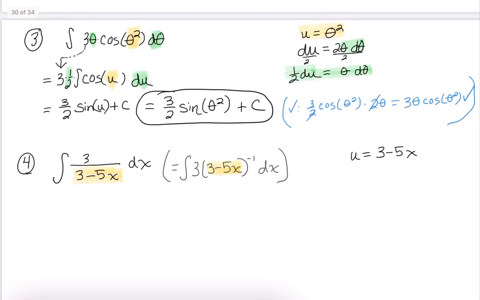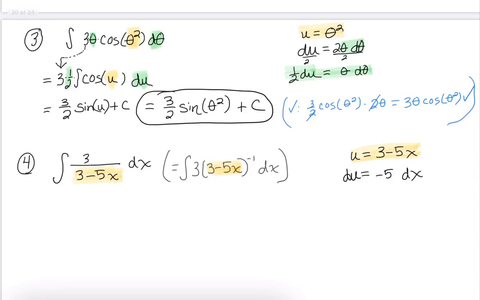All right, well now I am taking my derivative, which is du equals negative 5 dx. Initially here, I'd like it if in that original integral the numerator happened to have been a negative 5 rather than the 3, but it's not, so that's life.